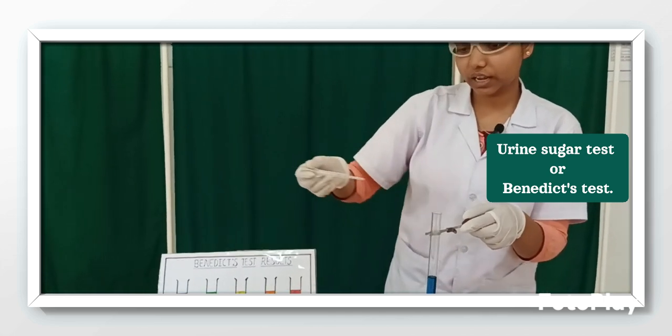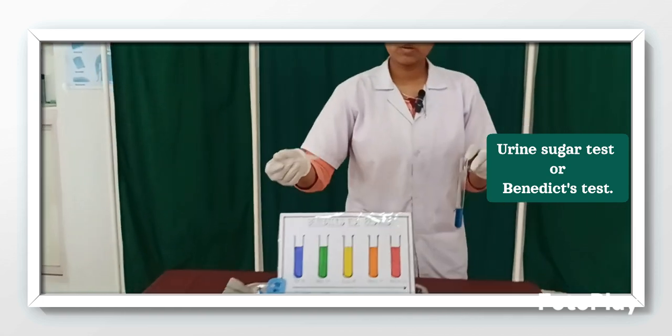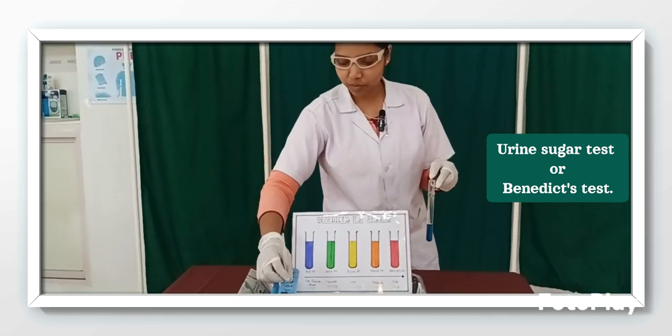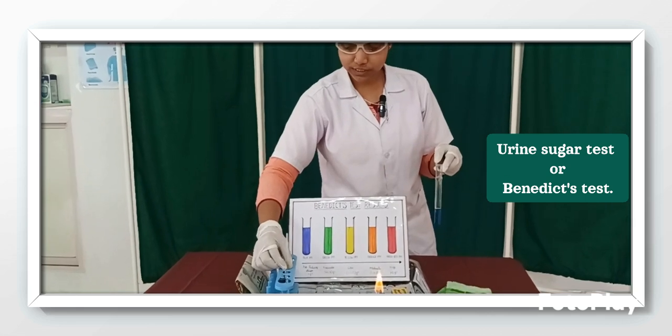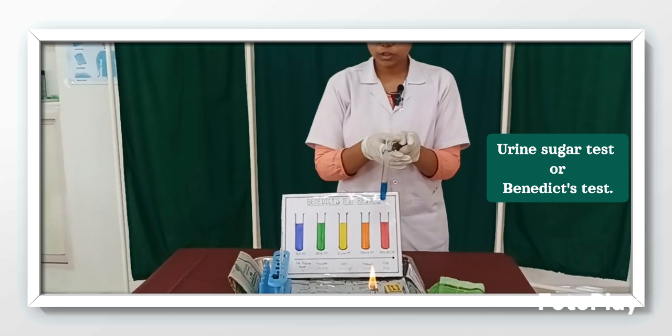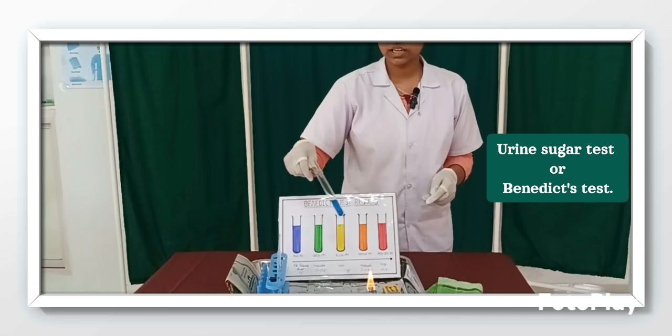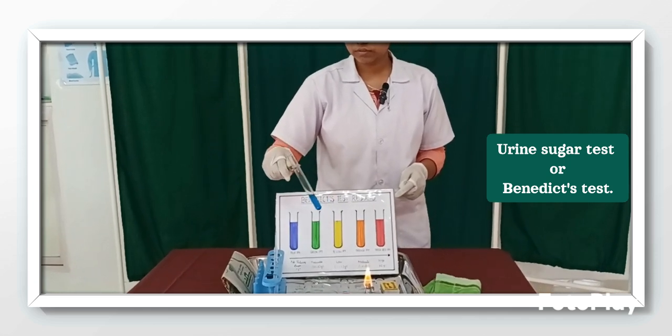So here I add the 8 drops of urine, and I am going to keep the dropper in the test tube stand. I am going to shake it gently to check the color changes.